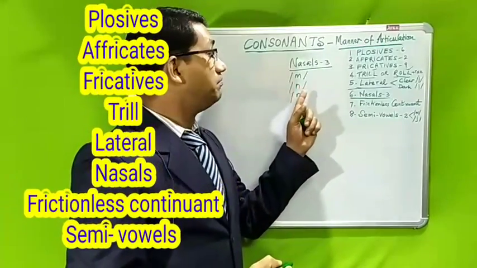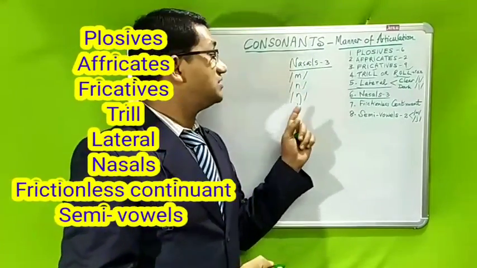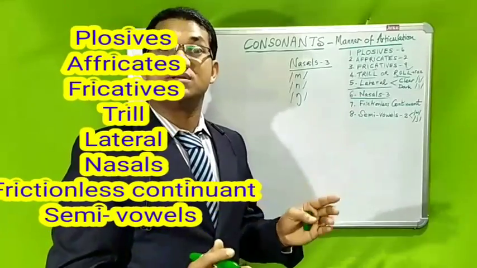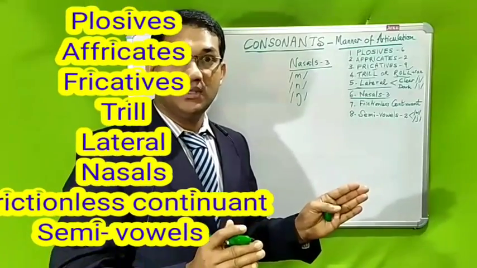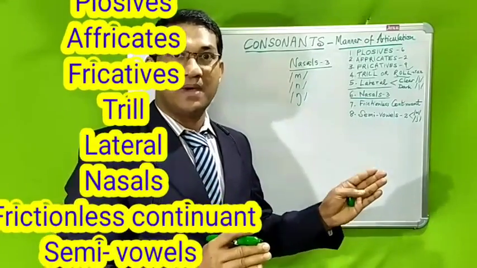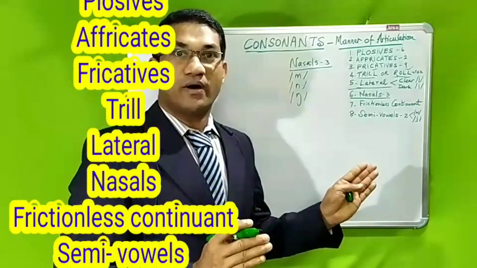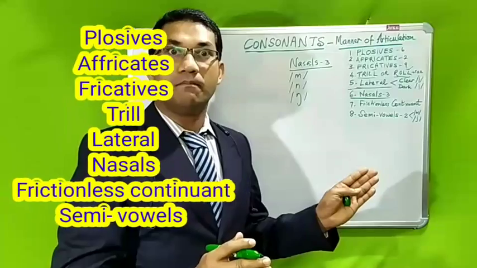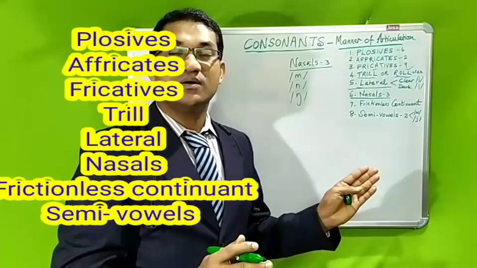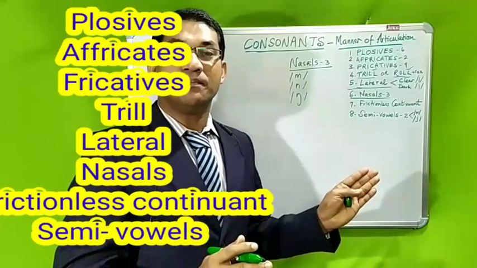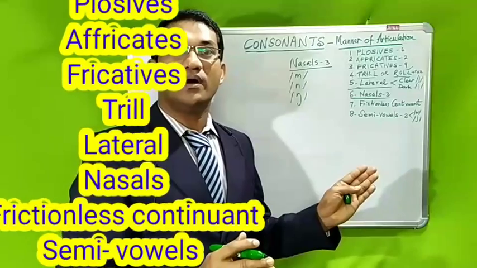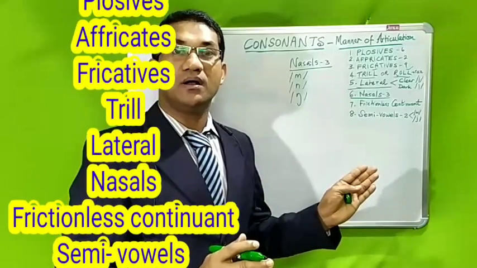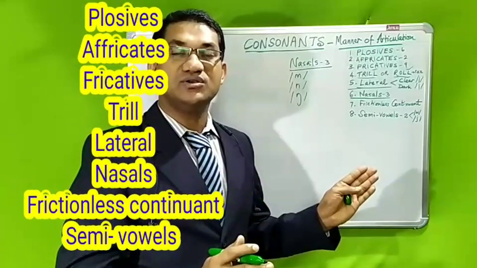Let's look at the first sound, as in my, me, moon, mango, men. The initial sound is the nasal. When we say this sound, both the lower and the upper lip come into contact with each other.